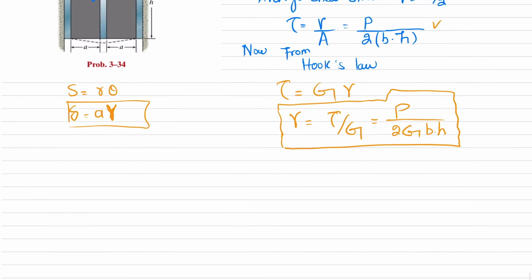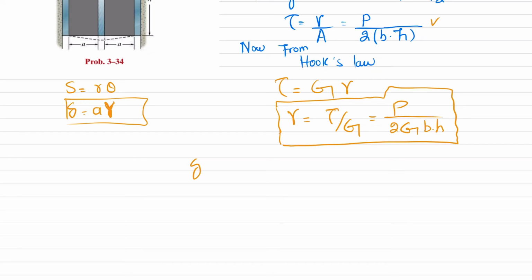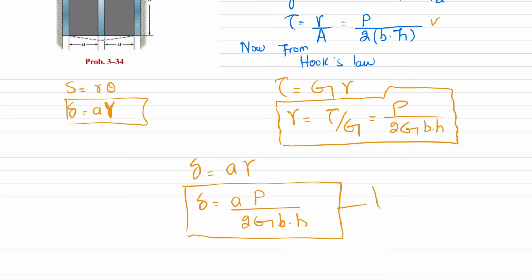So I will write that this deflection is equal to a into gamma. You can put the value of gamma, and gamma is equal to P divided by 2G b into h, that is equal to the deflection. And this is our required answer, which we have found.